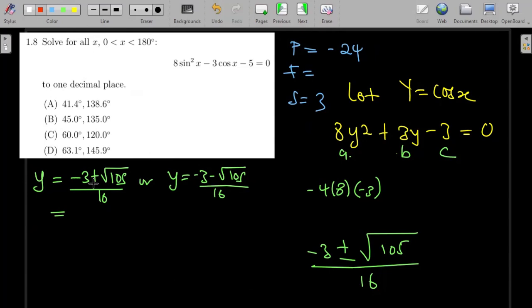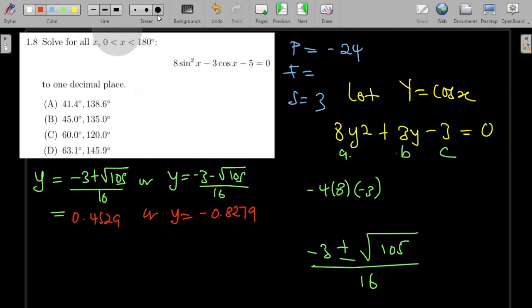The first one, with a plus, I'm getting 0.4529. Please confirm with your own calculators. The other one, I'm getting minus 0.8279.